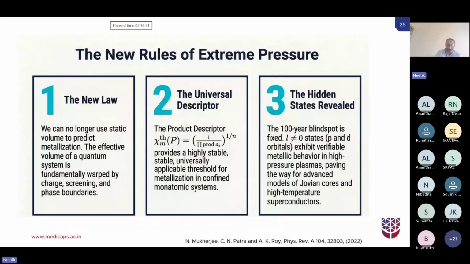There are options to develop new criteria, particularly if we replace the polarizability of the system by dynamic polarizability. We were using the static polarizability for this calculation, but if we change to dynamic polarizability, the situation changes. So in future, we will try to explore that.